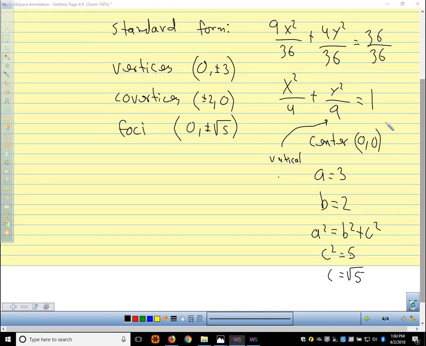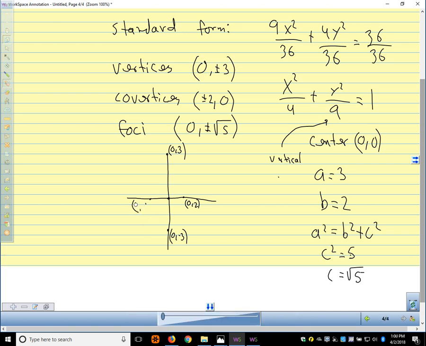And if we drew a little sketch of this, our ellipse, there would be my center. There would be a point at 0, 3. There would be a point at 0, negative 3. There would be a point at 0, 2. And there would be a point at 0. Sorry, did that backwards, didn't I? Negative 2, 0. This should be 2, 0. And I could sketch a little sketch of my ellipse.